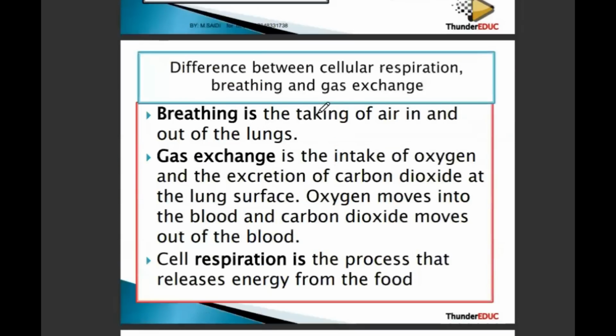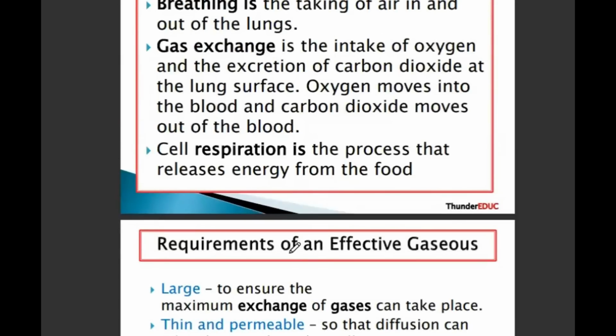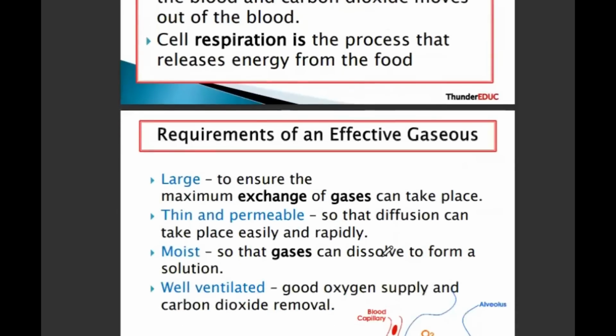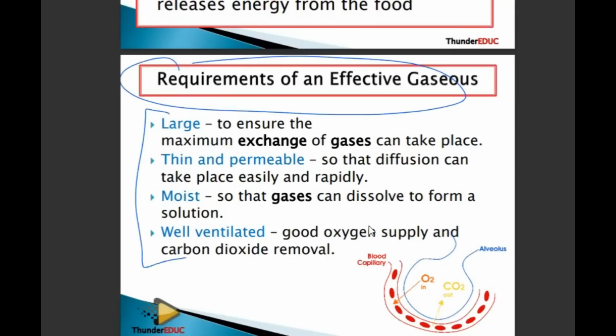In gaseous exchange, you need to know the requirements for an effective gaseous exchange surface. Yes, this. Don't make a mistake without knowing this. Please, large surface area, don't say just large. Large for what? Large surface area for what? You have to tell us what it does.